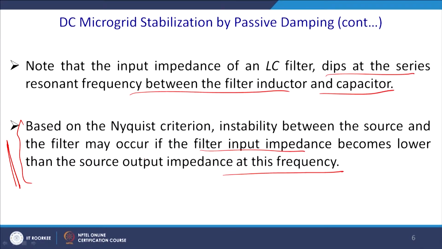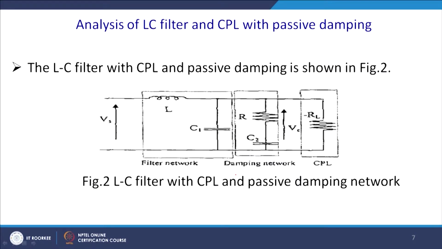Instability between source and filter may occur if the filter input impedance becomes lower than the source output impedance at the resonating frequency. And if the switching frequency becomes the resonating frequency, then there is a great hazard.